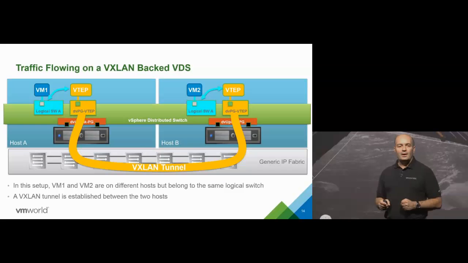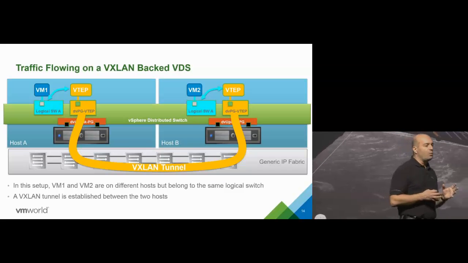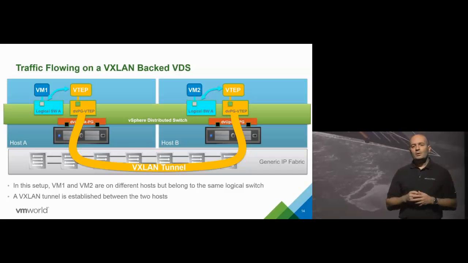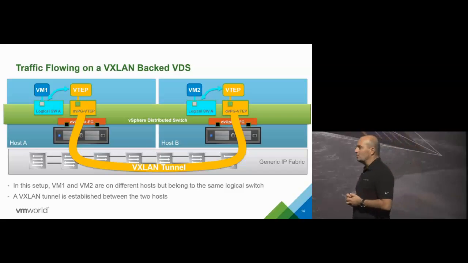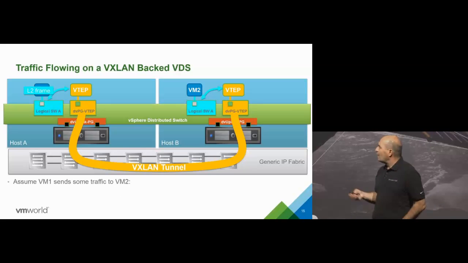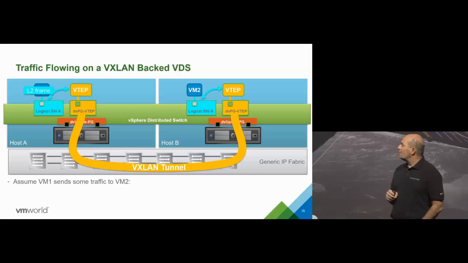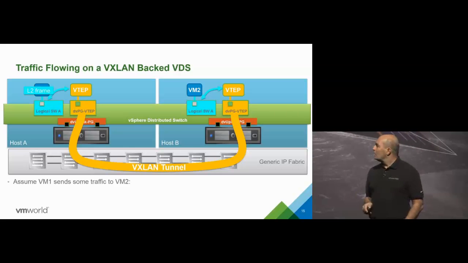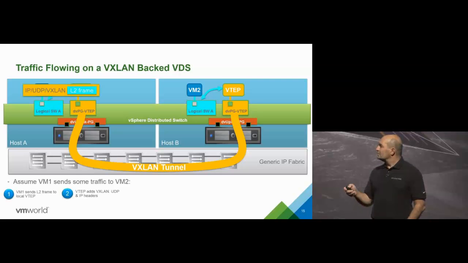So now let's show an example of what happens when two virtual machines on different hosts communicate through VXLAN, through this tunnel. The example assumes that VM1 sends a frame to VM2. First this frame goes into the local virtual switch of the host, and it is forwarded to the VTEP that is local to this host, which encapsulates it into IP.